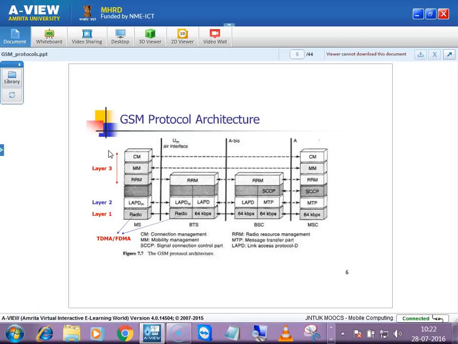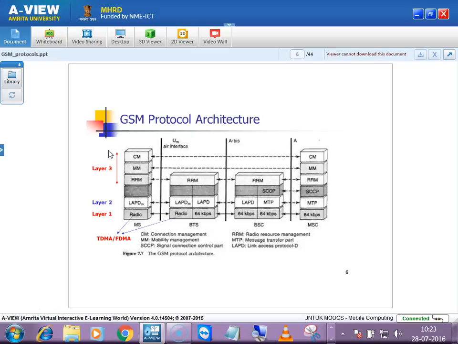Here you can observe one thing: the base station only deals with radio resource management, but the mobile switching center deals with mobility, the mobile user, and the connection, like whether his connection is still active or terminated, and mobility, like if he moved from one location to another, updating his location.